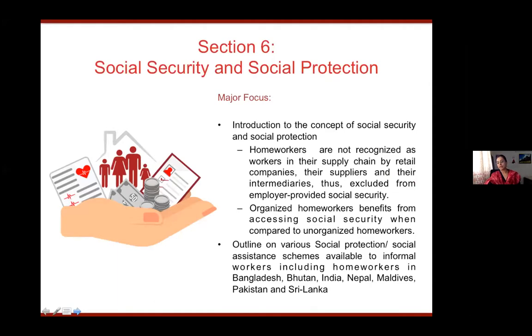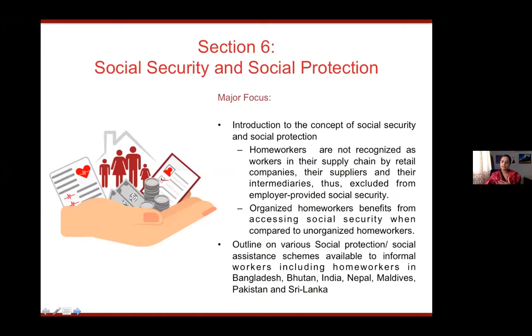Employers don't recognize home workers as workers in their supply chain, and therefore home workers don't have access to employer provided social security. However, we have found one good practice on the ground. We have a member organization, Sadhana, where they've negotiated with brands to include Provident Fund and ESI within the piece rates. We've described this in the toolkit, but just to let you know, these examples are very few.